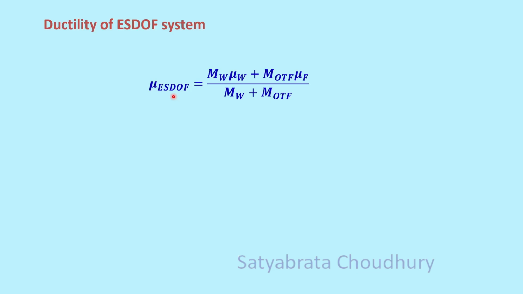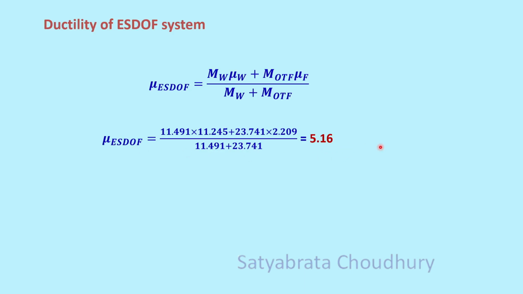So we are naming this as mu es dov, given by mu w into mw plus motf into mu f divided by mw plus motf. Just a weighted average, and if you put all the known values that we have already calculated, mw, motf from the previous videos and mu w, mu f just calculated, the equivalent es dov system mu comes out as 5.16.